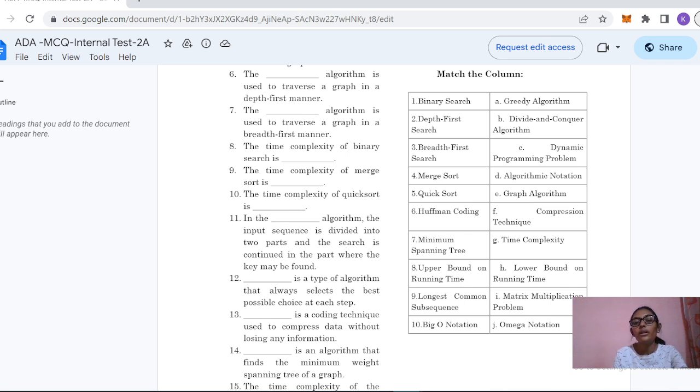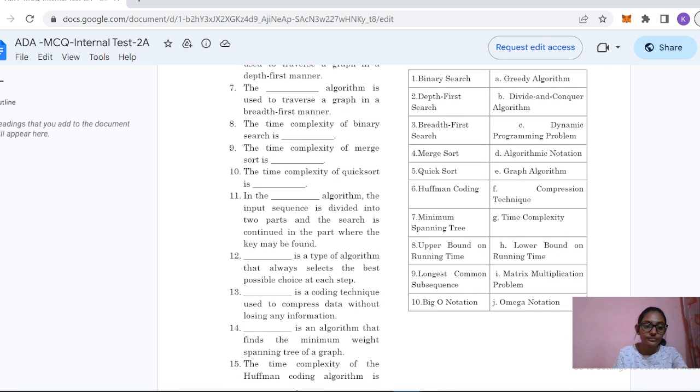That's why it is a divide and conquer algorithm. Second, depth first search can be matched with option E, that is graph algorithms. Depth first search is a graph algorithm, and breadth first search, the third option, is also matched to option E, graph algorithm, because both are graph algorithms.